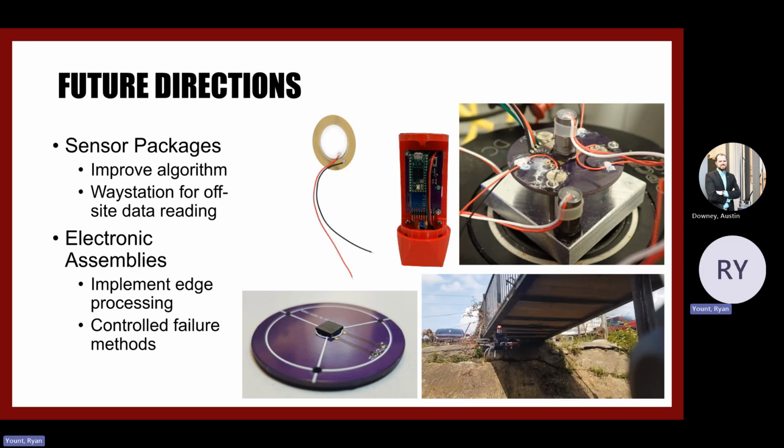And you can see here on the right a preliminary look at what that might look like, with these circles here being piezoelectric actuators that we found would be best placed around fixities where the strain is highest. And then lastly, for this, we would probably also look at controlled failure methods.